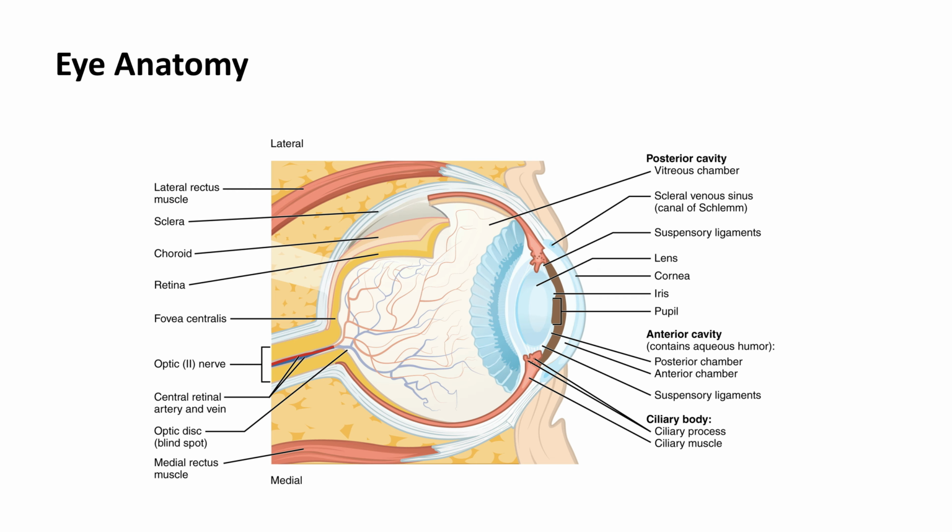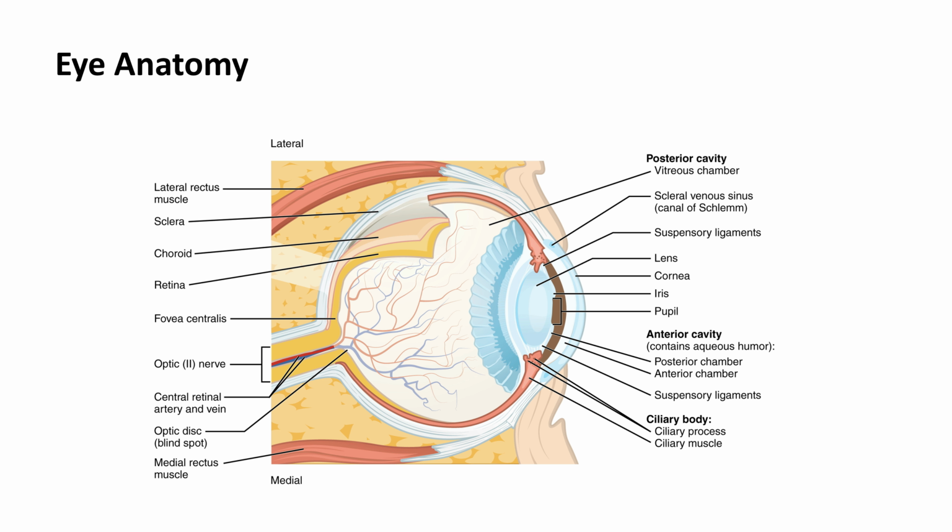And the posterior chamber is the space between the iris and the suspensory ligaments and your lens. Your posterior cavity contains vitreous humor, which is your jelly-like substance, which keeps the retina in close contact with the choroid. It bends your light rays and helps maintain the shape of the globe.